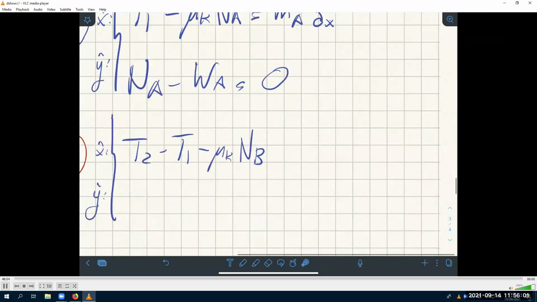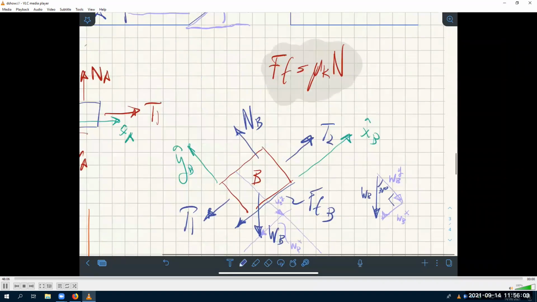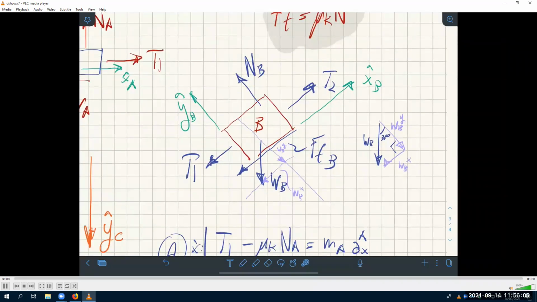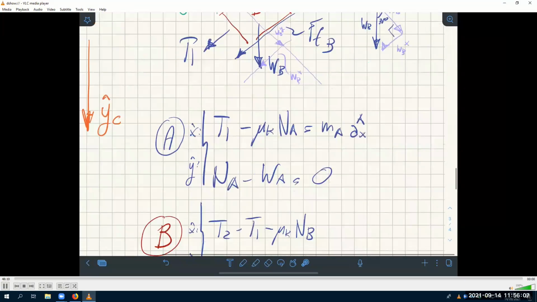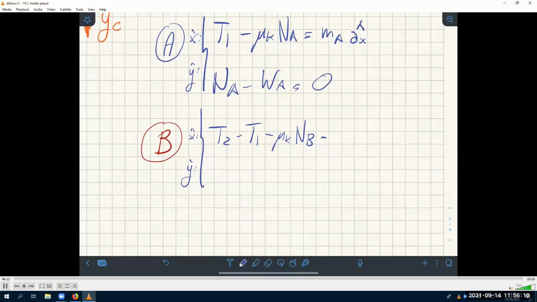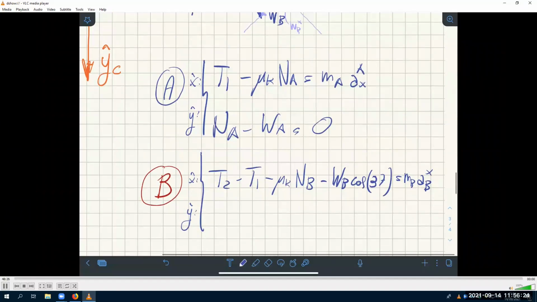It's minus because this component is opposite to X, so it's pulling down. So minus WB sine 37, and that's equal to mass of B times the acceleration of B on the x-axis. And sorry, let me change this one as well.